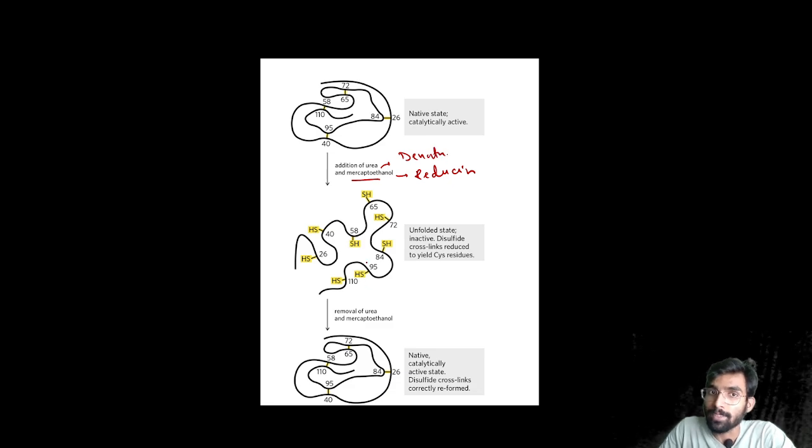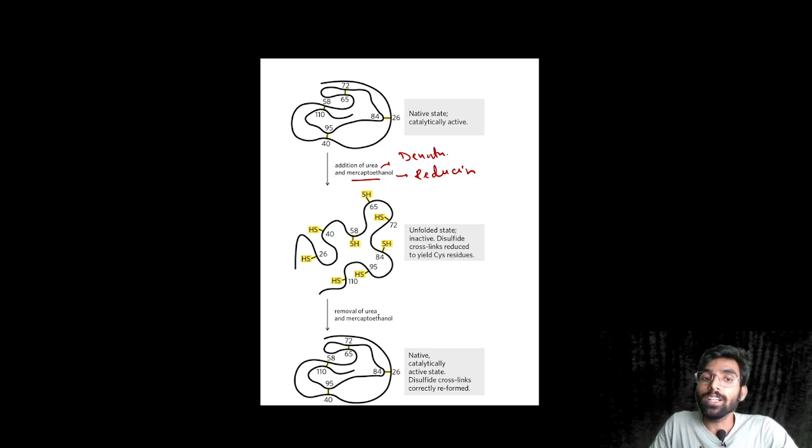Now what will happen? Due to mercaptoethanol, all the disulfide bonds that are present will be broken, of course. Now they are converted to sulfhydryl groups, and due to denaturation, the protein is in an unfolded state. All the hydrogen bonds are broken, right? Here the denaturing agent is urea, and beta mercaptoethanol is responsible for the reducing condition.